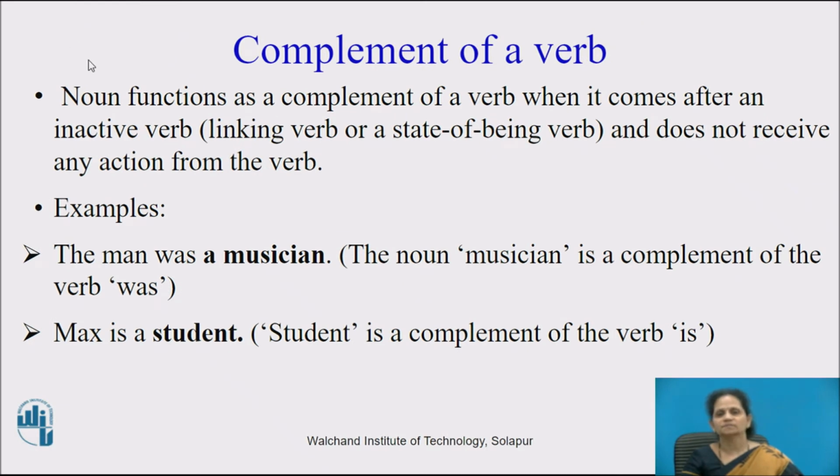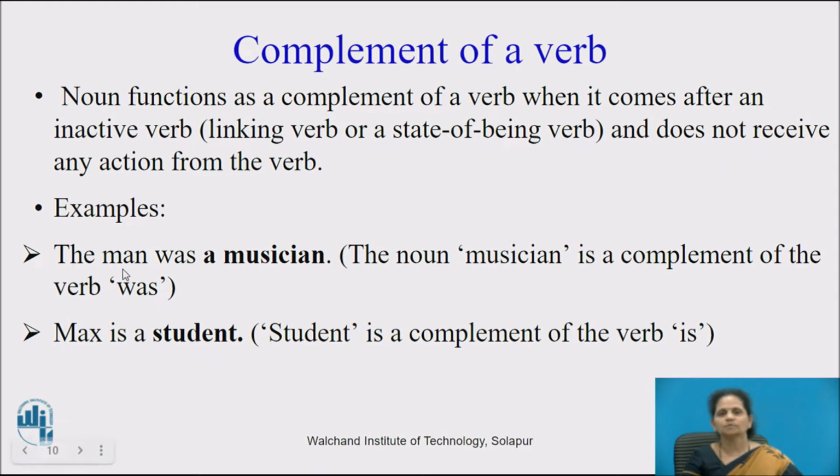Now, the next function is complement of a verb. A noun functions as a complement of a verb when it comes after an inactive verb, linking verb, or a state of being verb, and does not receive any action from the verb. And the examples are: the man was a musician.